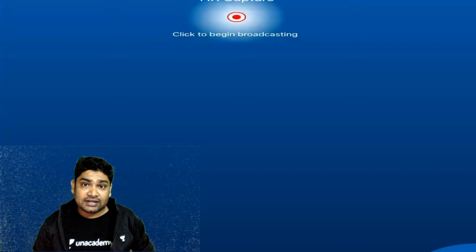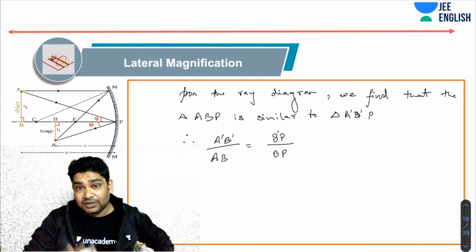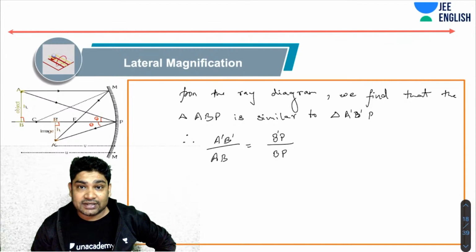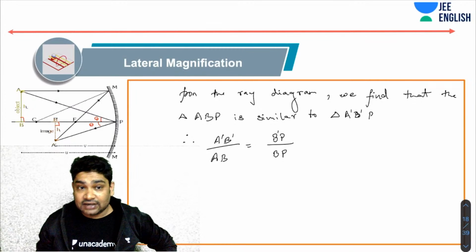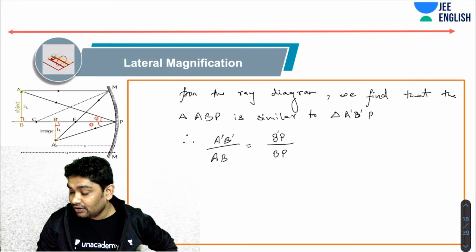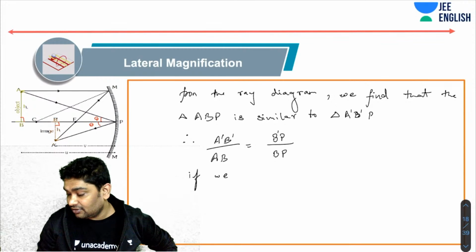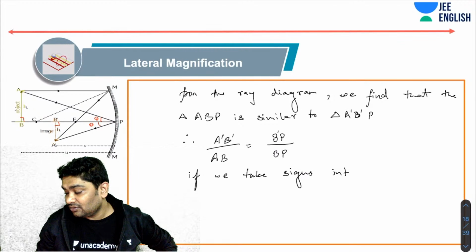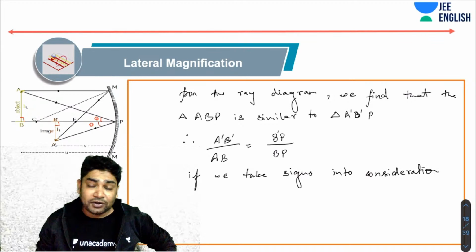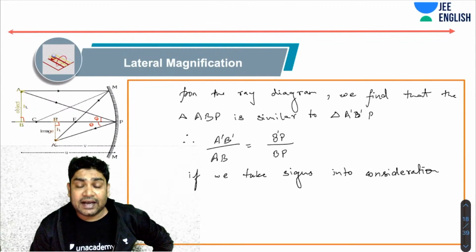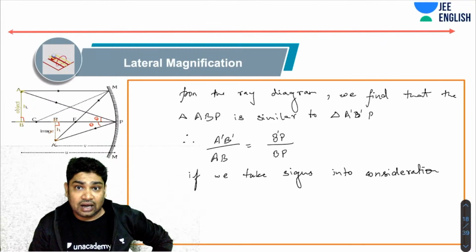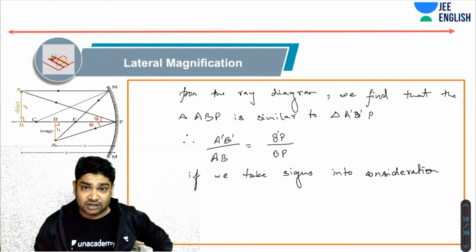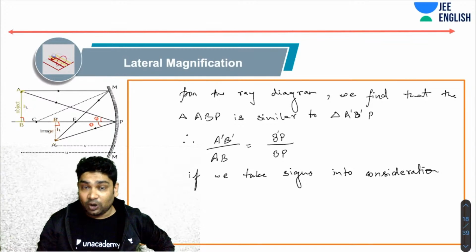All right. Now you realize that this is telling you the relation between the object size and the image size with respect to the image distance and the object distance. Now, if you take signs into consideration, then what you'll realize is that the size of the image would be negative, and the size of the object has to be positive, because the image is formed below the optical axis and the object is above the optical axis, right?